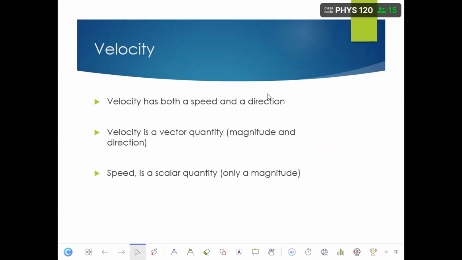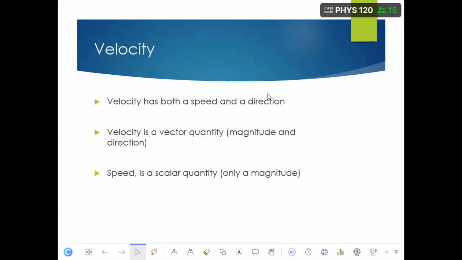I said that when I'm moving to the right it is positive, and when I'm moving to the left it is negative. How do I add these two distances? 4 meters positive, 4 meters to the left negative. 4 plus -4 is going to be 0. So my average velocity is 0.